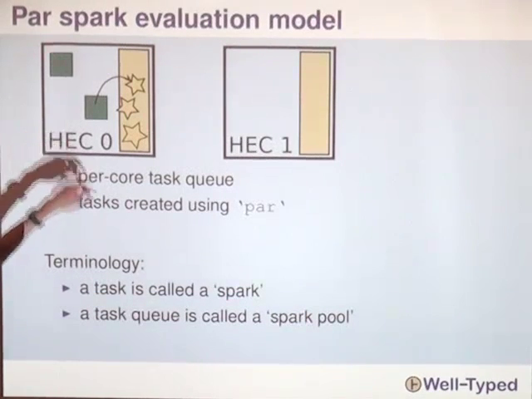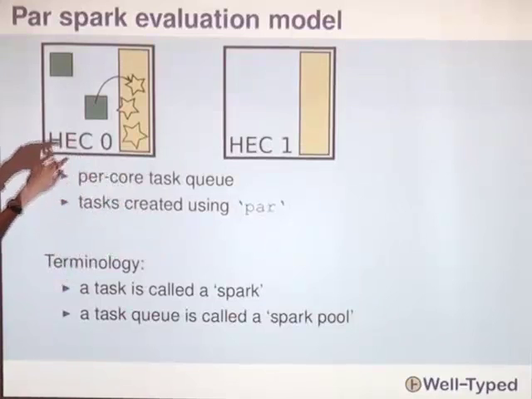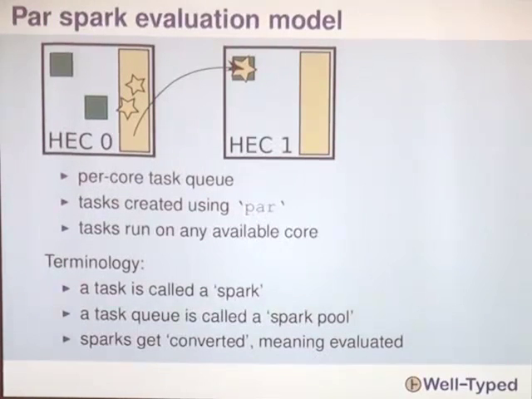These boxes are threads. So this core is idle, and this core has got 2 threads running. One thread generates a spark, puts it into the spark queue. Another thread, because this core is idle, starts a new thread to evaluate sparks and steals the spark from one side to the other, and that gives you parallelism. And taking a spark out of the queue and evaluating it is called conversion.